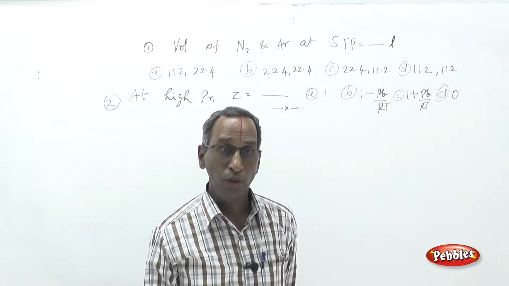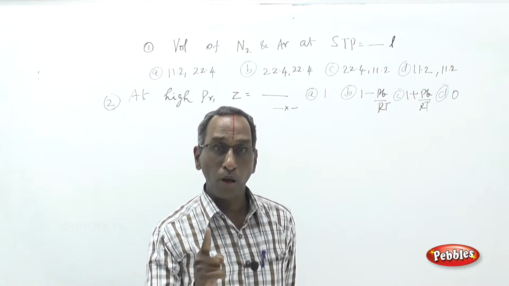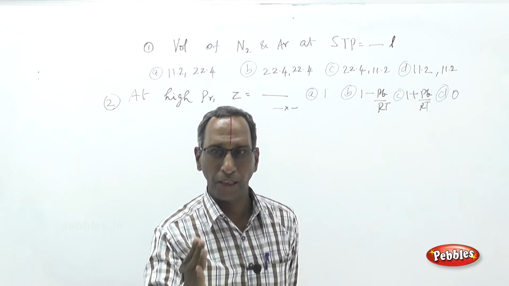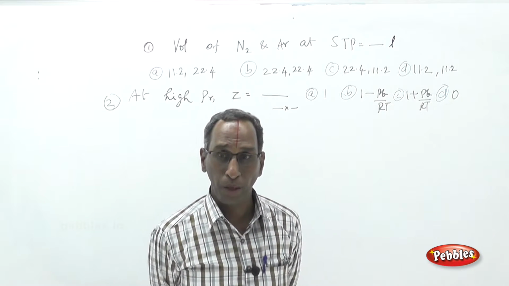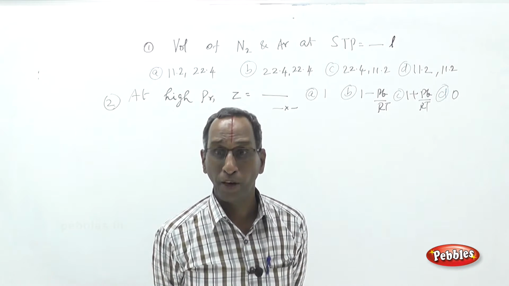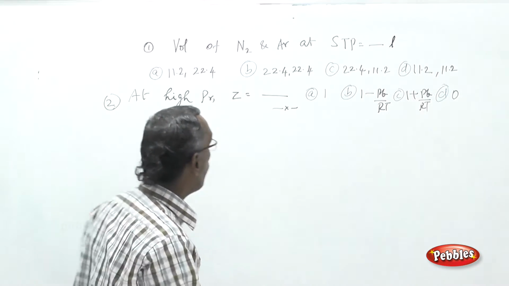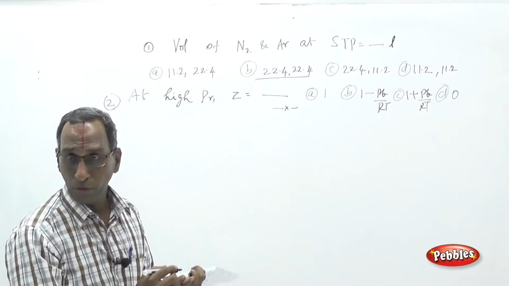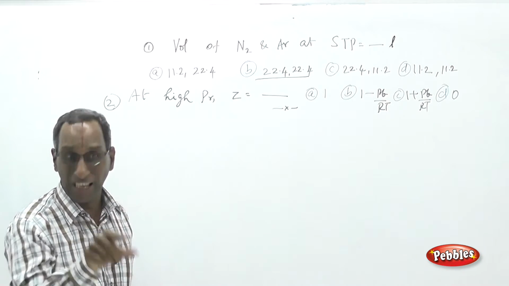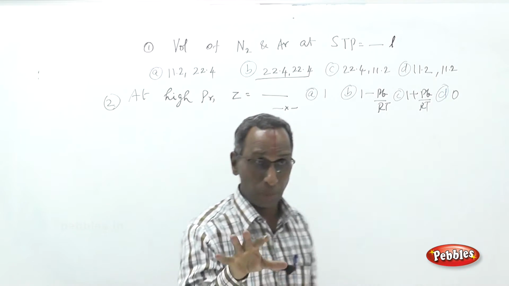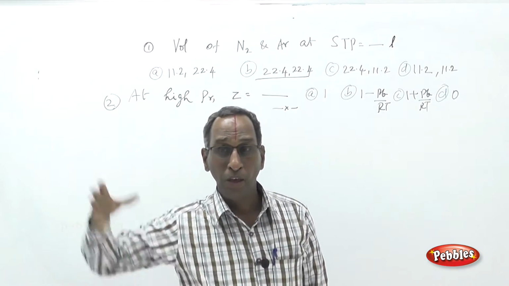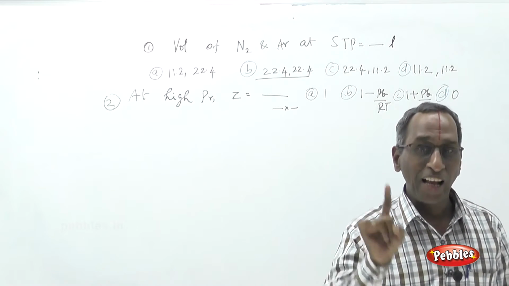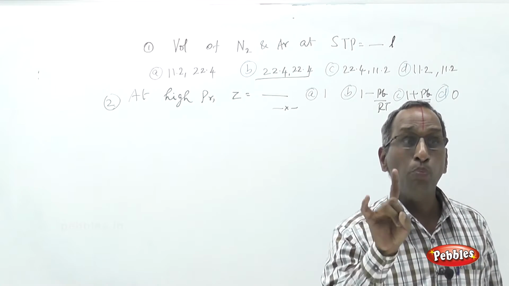Both are gases. So the molar volume concept states that 1 mole of any gas, whether nitrogen or argon, at STP would occupy 22.4 liters. Irrespective of monatomic or diatomic, you can list any number of gases, ammonia, methane, nitrogen, oxygen, even ozone. The condition is that they should be in the gaseous state.